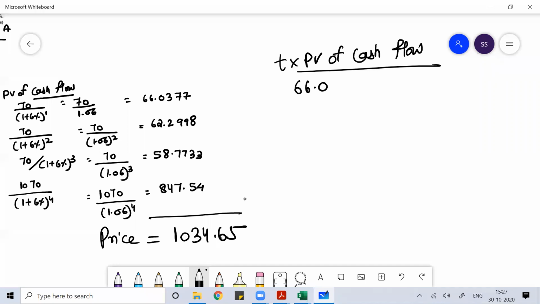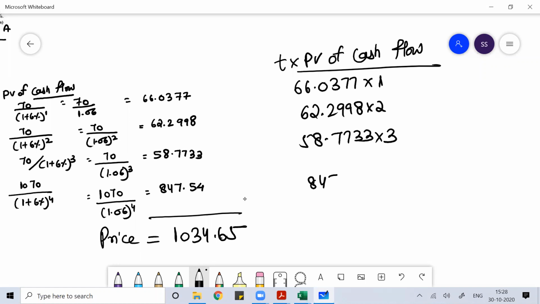Then 66.0377 into 1, then 62.2998 into 2, then 58.7733 into 3, then 847.54 into 4. You can do this calculation and then find the sum of that.